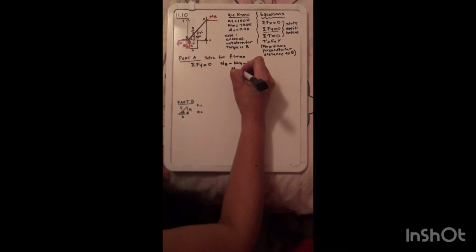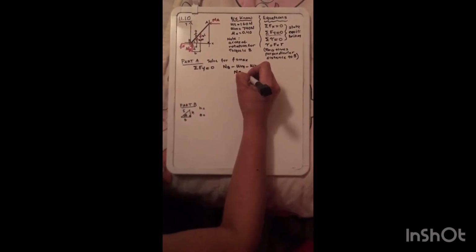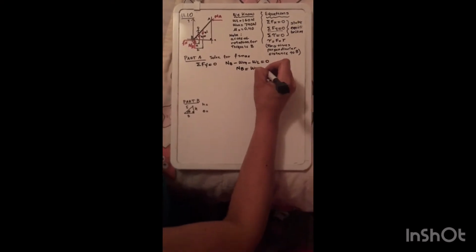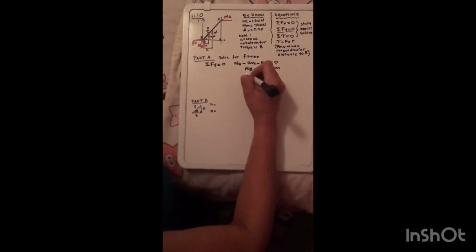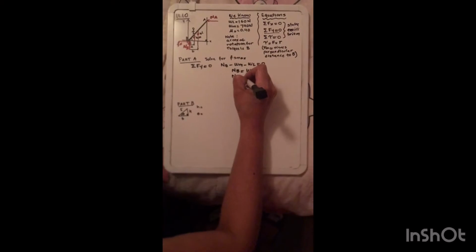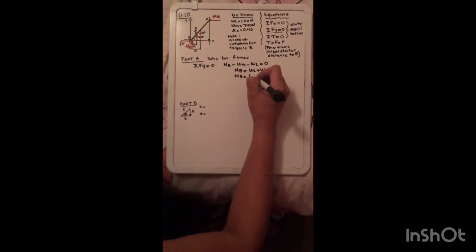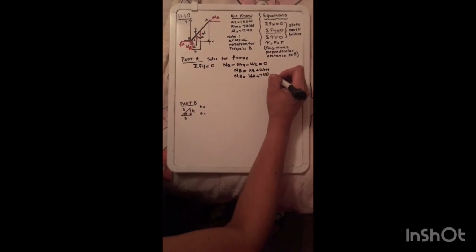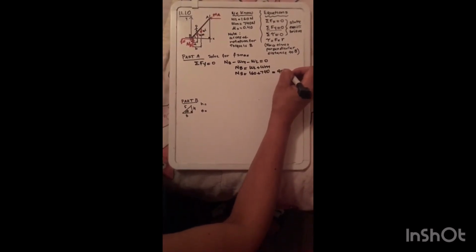This gives that the normal force on B is equal to the weight of the ladder plus the weight of the man, which is 160 newtons plus 740 newtons, and this is equal to 900 newtons.